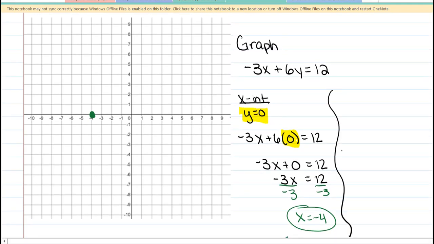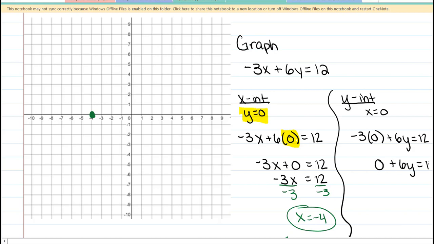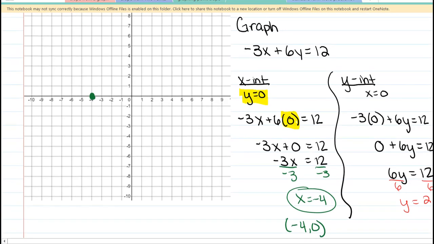My y-intercept is when x equals 0. So in the equation, I will be replacing x with 0. Negative 3 times 0 is 0. 0 plus 6y simplifies to 6y. Now I divide both sides by 6 to get that y equals 2.